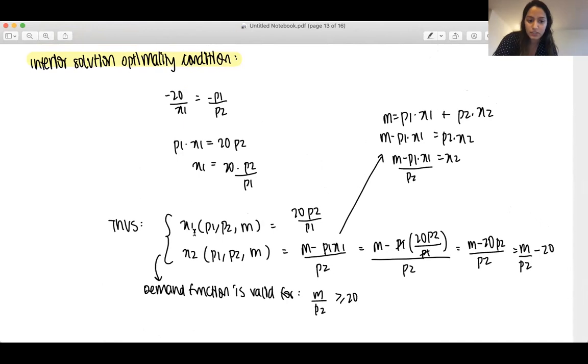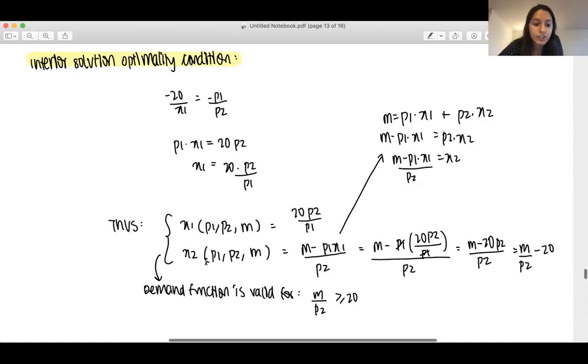So X1, open bracket, P1, comma, P2, comma, M, close bracket, is equal to 20 times P2 over P1, which as you can see, I've written over here. I've done the same thing with X2 so that I could demonstrate what it's supposed to look like when you write it out.